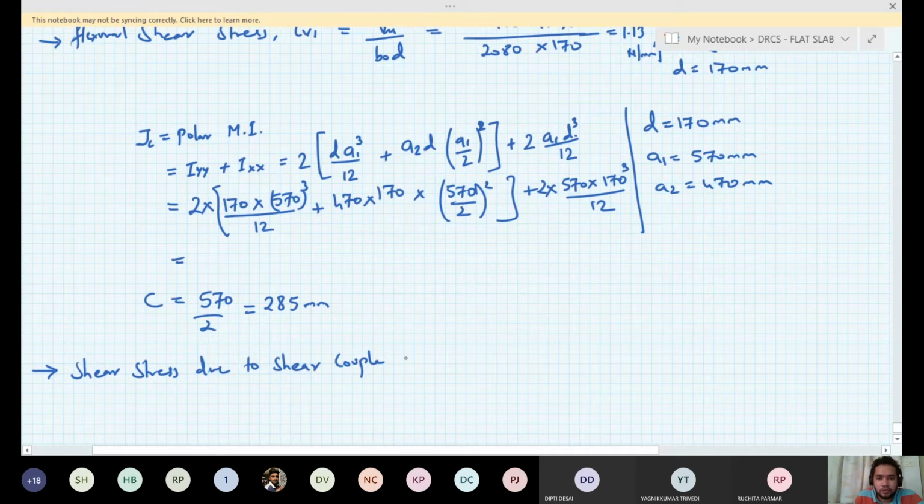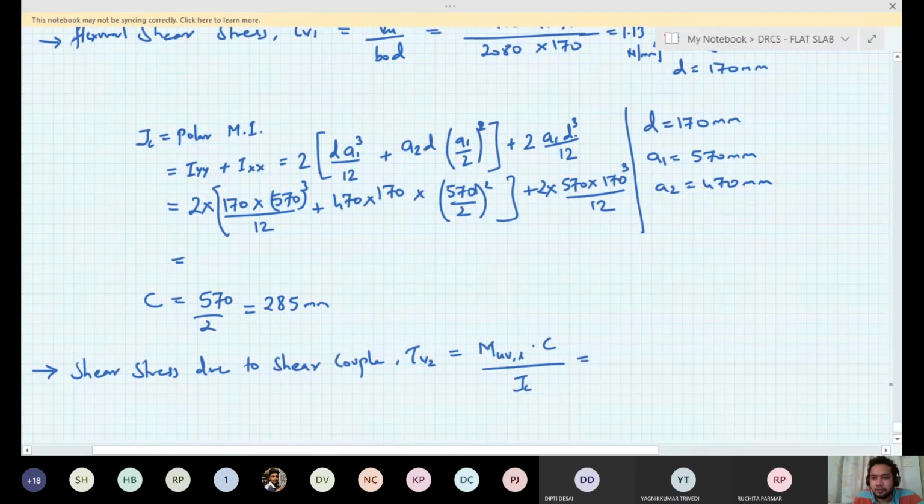So that is tau V2 is equals to M, that is unbalanced moment shared by the shear couple along the long direction times C divided by this JC.